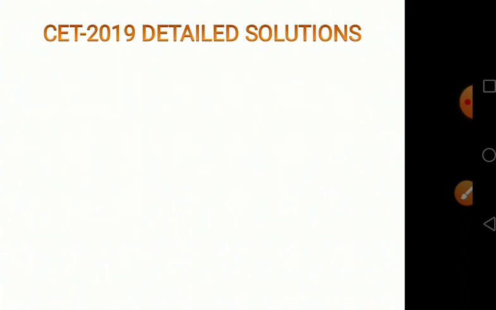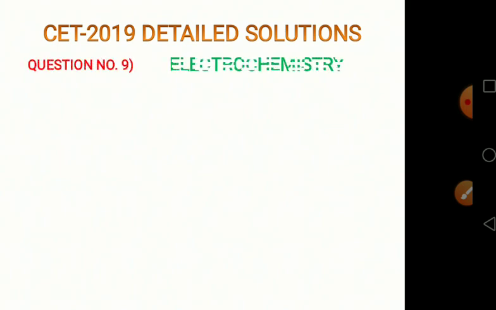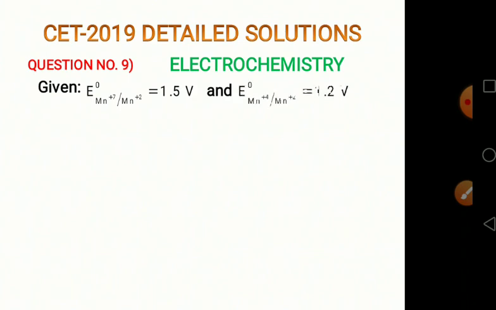Let us see question number 9. Question number 9 is also from electrochemistry. The given is E naught of Mn plus 7 to plus 2, and E naught of Mn plus 4 to plus 2, given in volts. Then they are asking E naught of Mn plus 7 to plus 4. So read that question, very important.